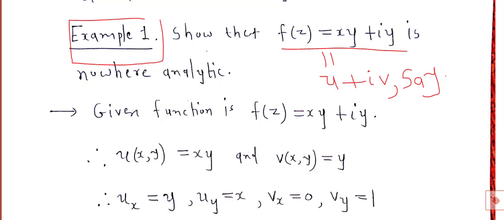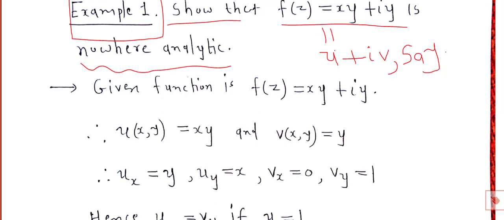Here it is given that the function is nowhere analytic. You have to prove this. So first we find out the points at which the function is differentiable using Cauchy-Riemann equations. If I compare this with u plus iv, then I obtain u equal to x into y and v is y.